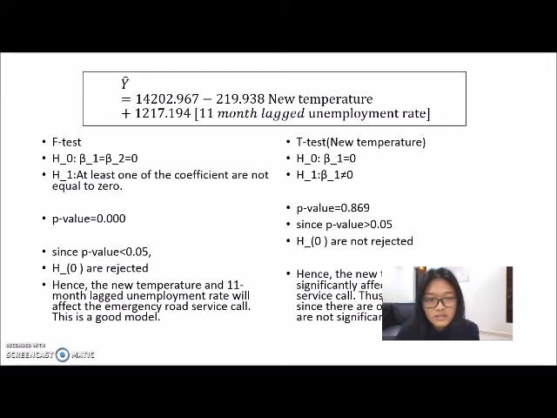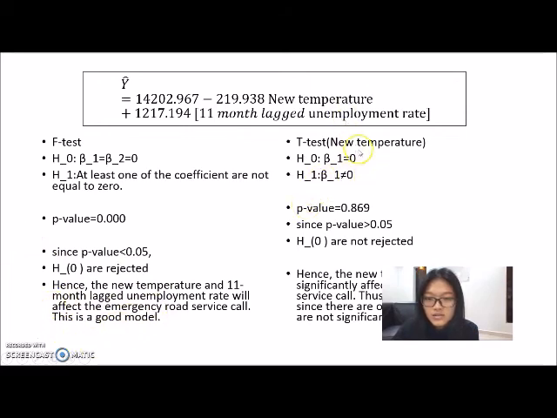For the equation we got from SPSS, it is over here, and then we will do the F test. Since the p-value is smaller than 0.05, there is enough evidence to reject H naught. Since the new temperature and 11-month lagged unemployment rate affect the emergency road service call, this model is good.